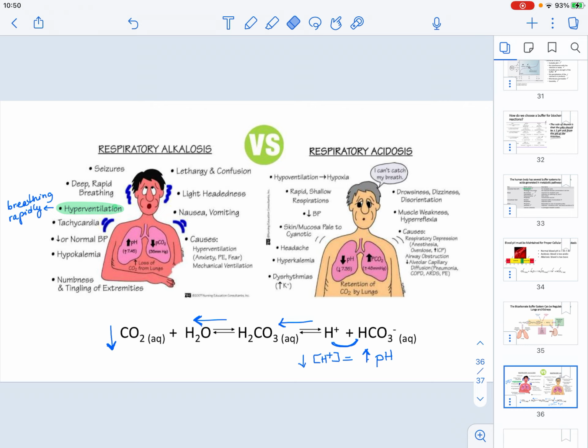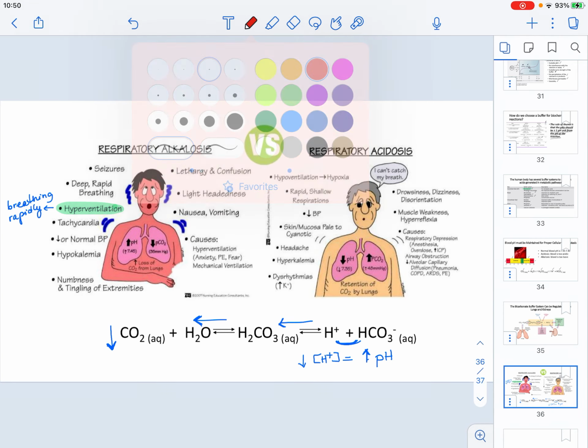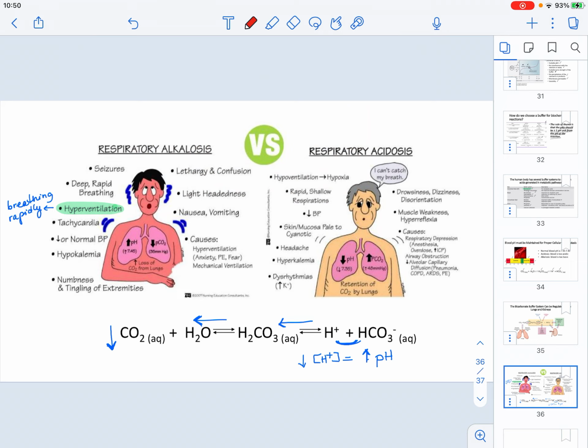Now, I'll just use a different color to explain acidosis. When it comes to acidosis, understand that this person, for example, is experiencing hypoventilation.